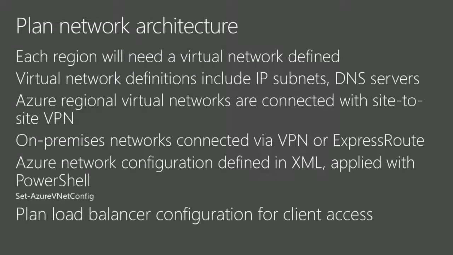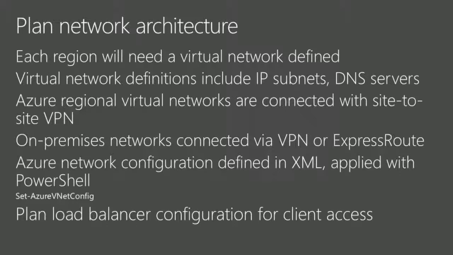In terms of network architecture, you're going to have to do some planning here. You're going to have to plan out virtual networks per region, and plan out subnetting for those virtual networks. Essentially, the process that you would go through if you were going to open a new data center in a new region and get a network deployed in it.